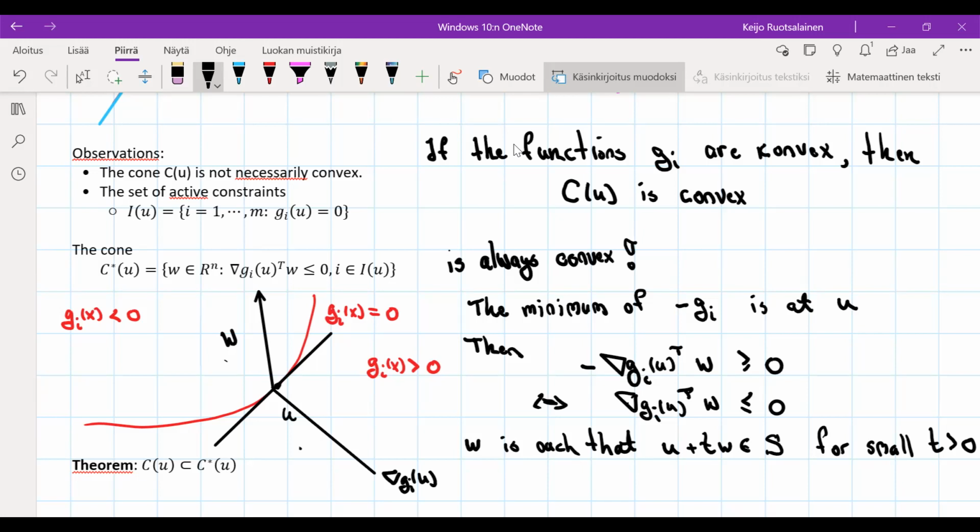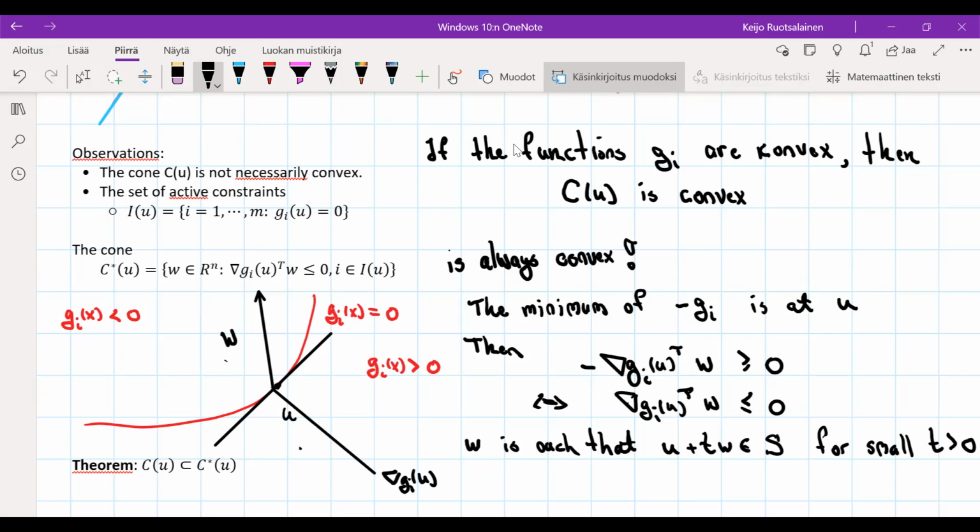And then it coincides with this C star, which is the directions which form an angle greater than or equal to pi over 2, so over 90 degrees, with the gradient of the function gi of u.